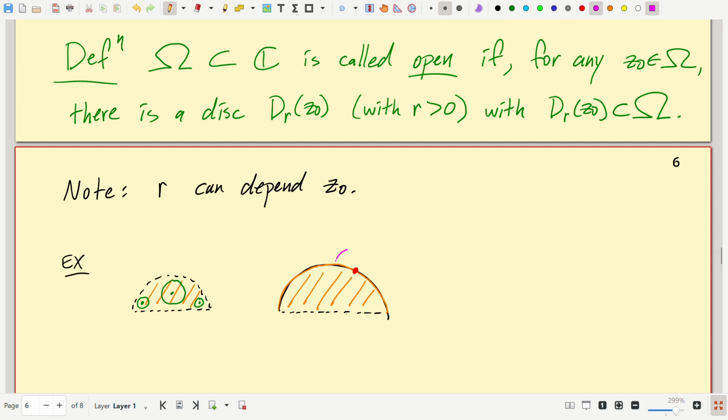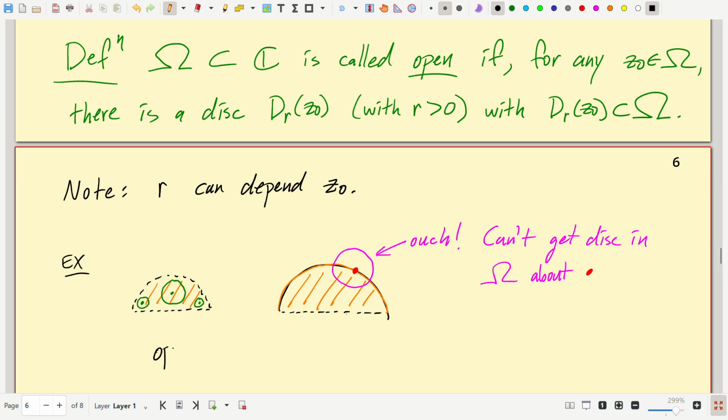If I try to stick a disk about this point, ouch, that disk hangs outside. I can't stick a disk in about that red dot. So this one is open. This one is not open.